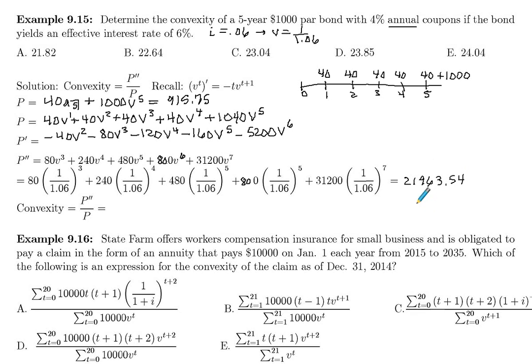with the correction. So then our convexity, p double prime over p, is the 21,963.54. And then p, our price, was the 915.75. And if you divide those two, the ratio is 23.98.